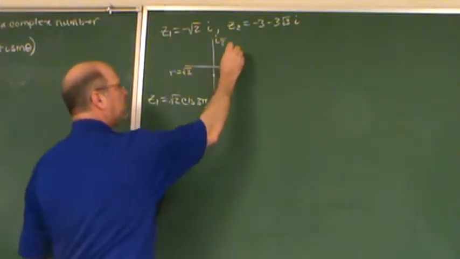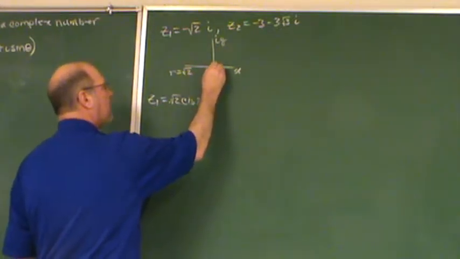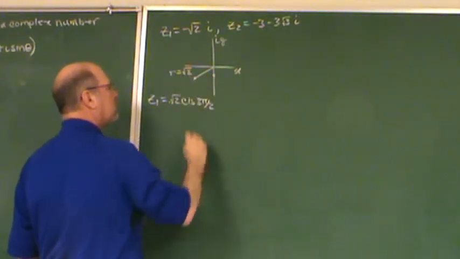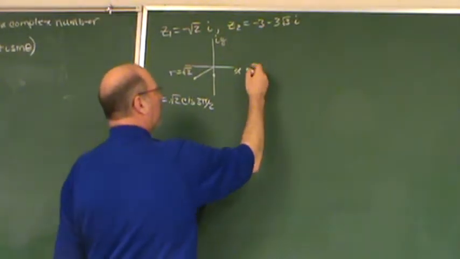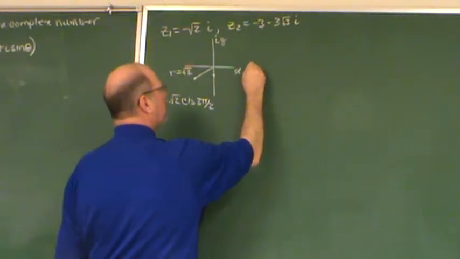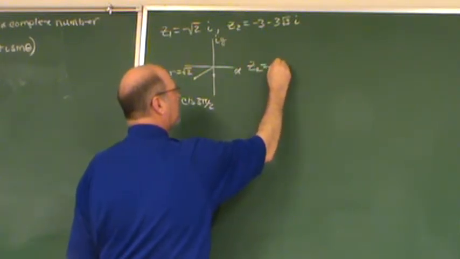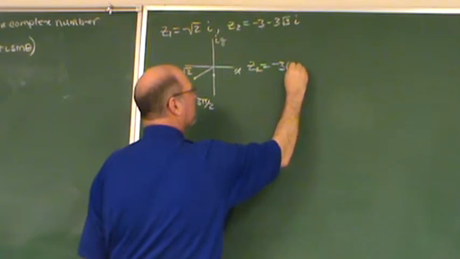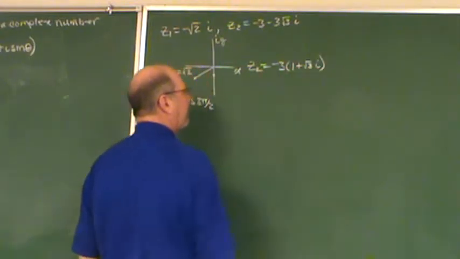Now, for z2, I have negative 3 minus 3 square root of 3 times i. That puts me in the third quadrant, out here somewhere. So in this case, we do have to find an r and an angle. So z2, well, I want to write this as negative 3 times 1 plus the square root of 3 times i.